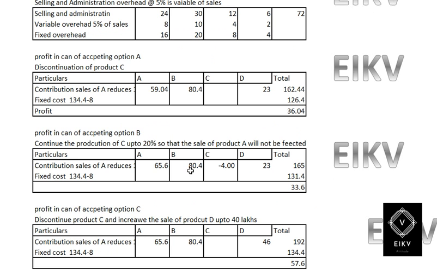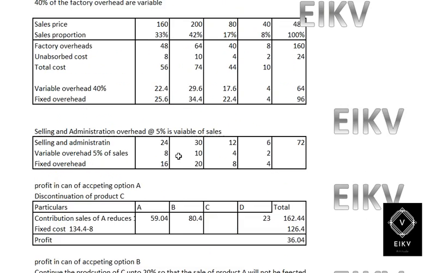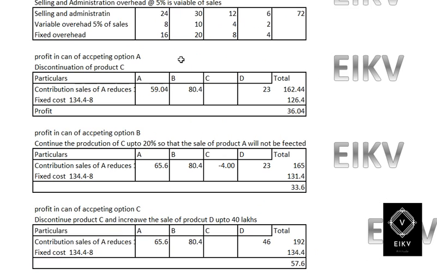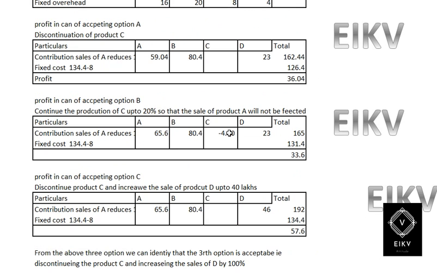So in that case, the production of product C will not be discontinued up to 20 percentage for the proper production or the proper sales of product A. Then the contribution of product A will be constant as 65.6, and then we have another change over here for product C. There will be negative 4 when compared to the present situation of negative 20.